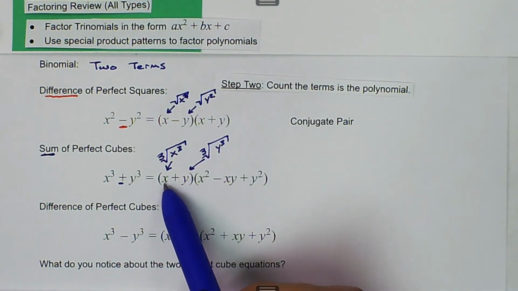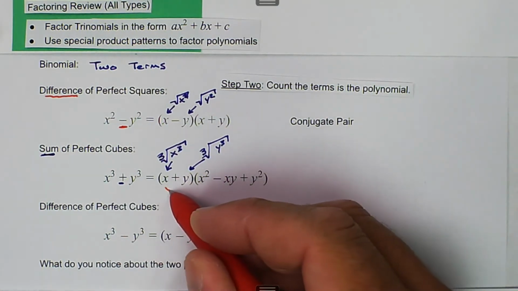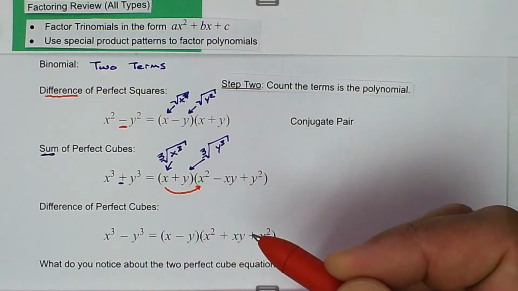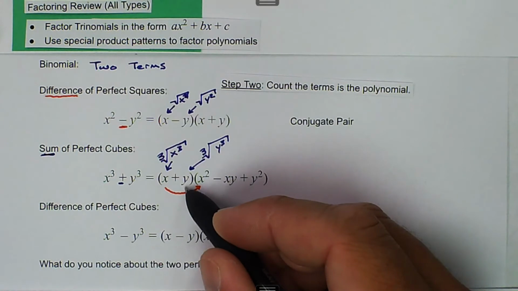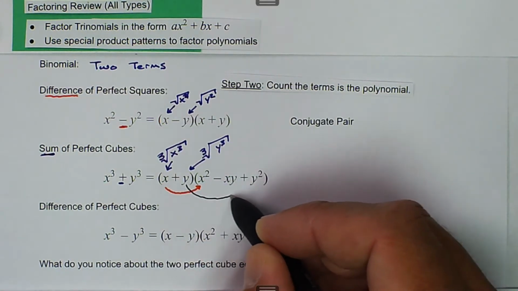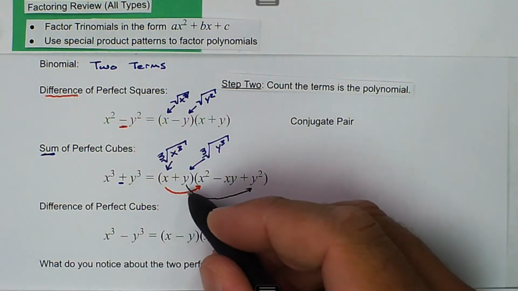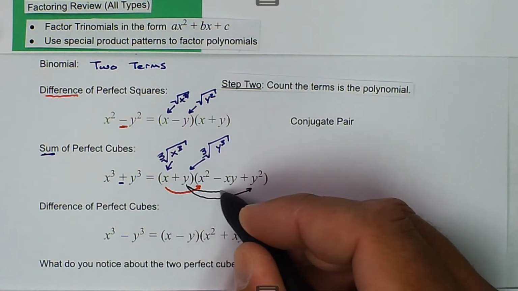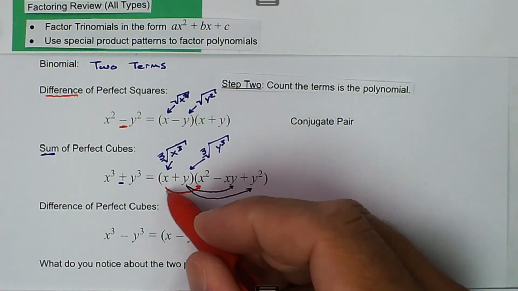Then we take our first term, which is x, and we square it, and that gives us our first term of the trinomial. And then we take our second term and we square it, and that gives us our last term. And then we multiply the two terms together, and that gives us our middle term.